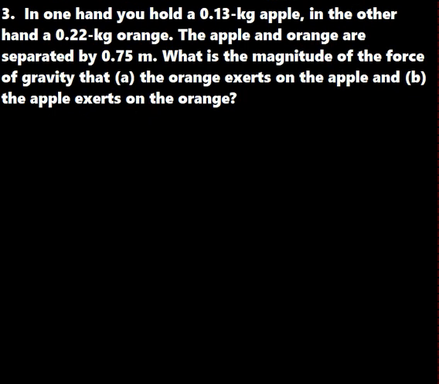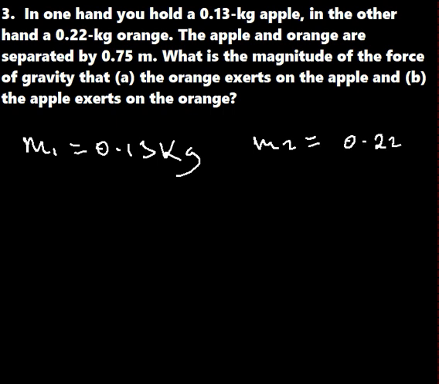Now let's consider this question. In one hand you hold a 0.13 kg apple, that is mass 1. In the other hand we have mass 2, which is 0.22 kg.